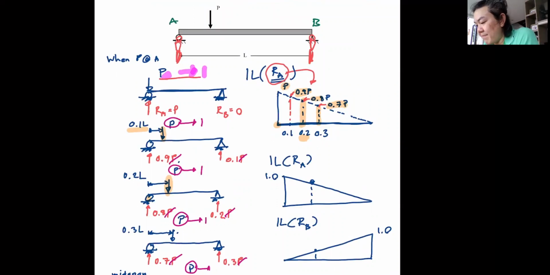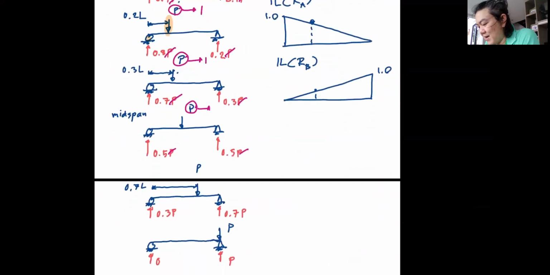Let's say from the same beam, now I want to know the shear and the moment at midspan. When I place the moving load, maybe I should write them anew. So here's the same beam.